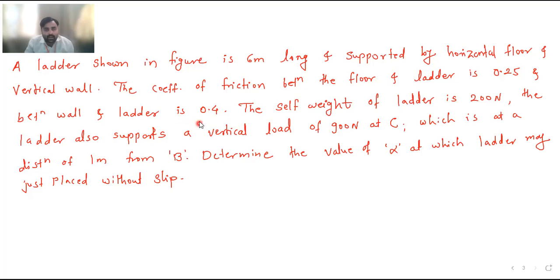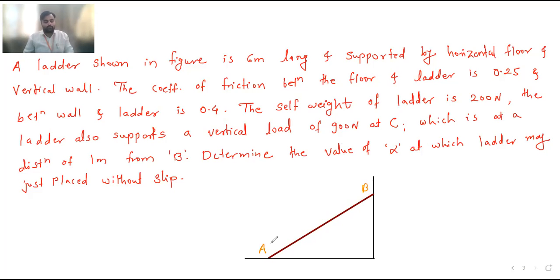Now if I draw the diagram of this, this is the floor, ladder, this is your point B, point A. Some given data is there in the diagram also.